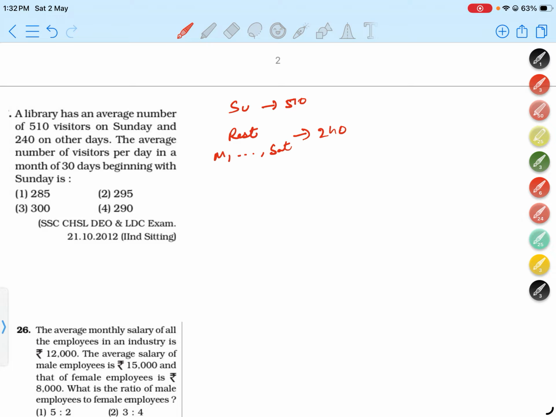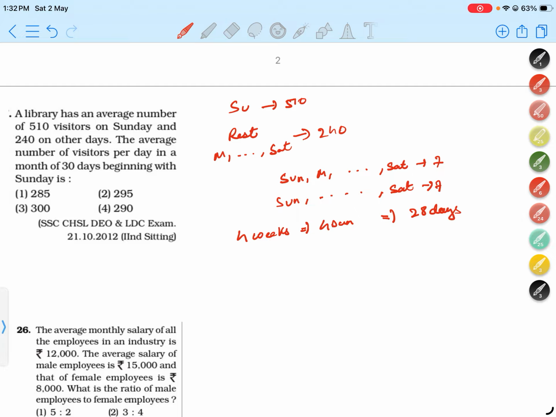Since the month begins with Sunday, Sunday, Monday up till Saturday is 1 week, that is 7 days. Sunday till Saturday is again 7 days. Continuing this, we get 4 weeks, that is 4 Sundays, which gives us 28 days.